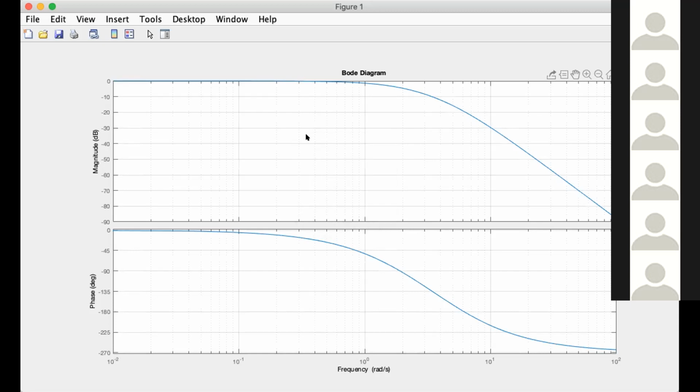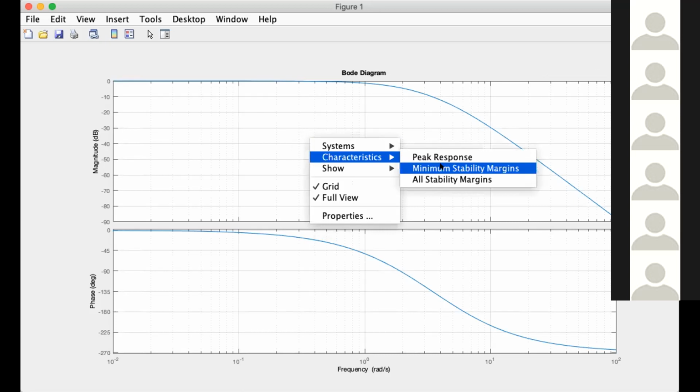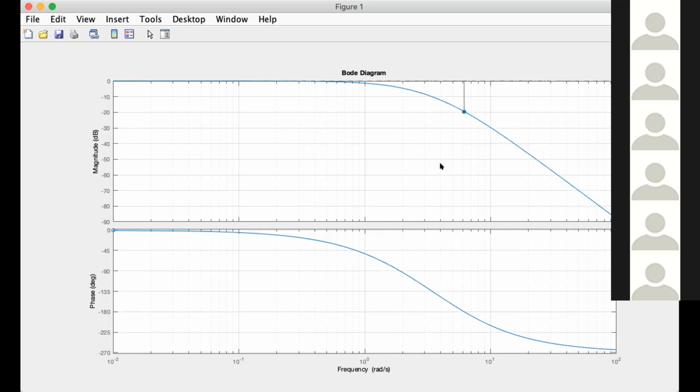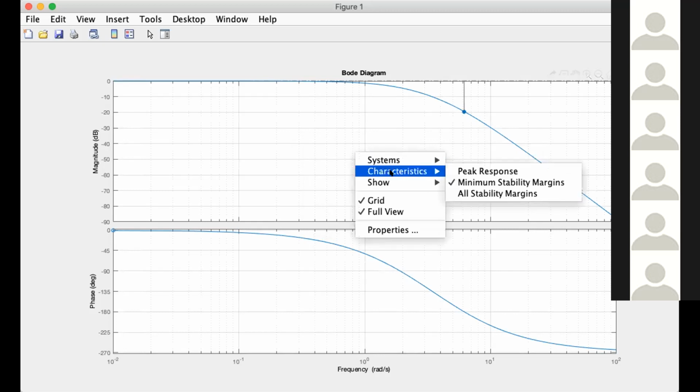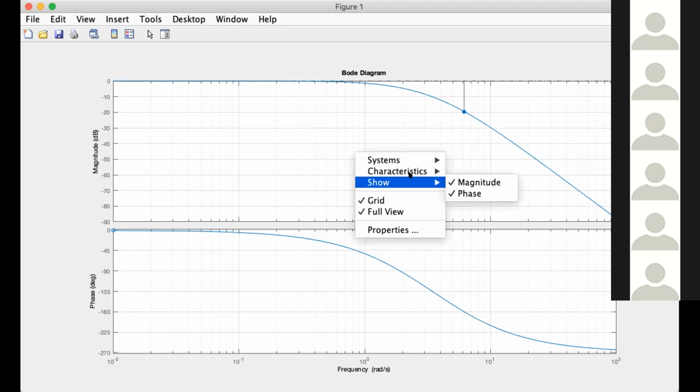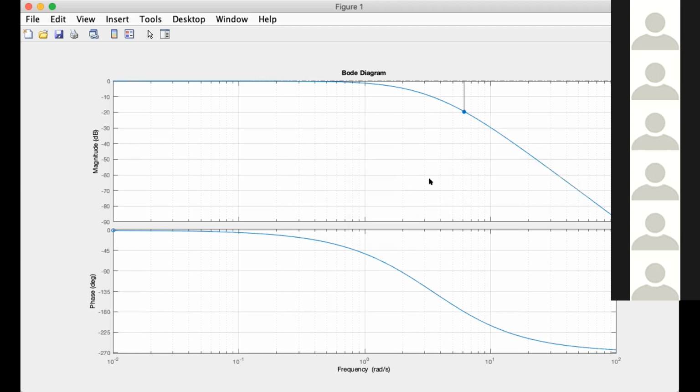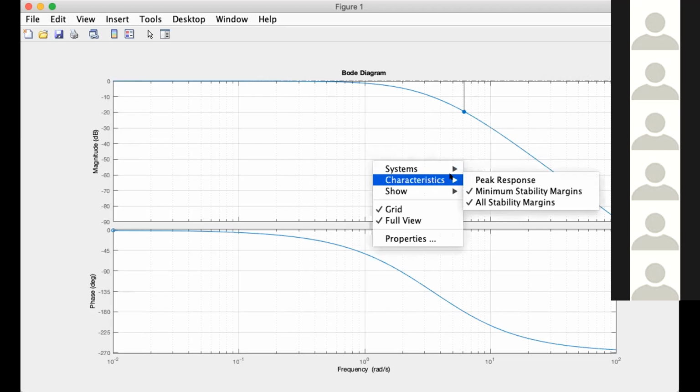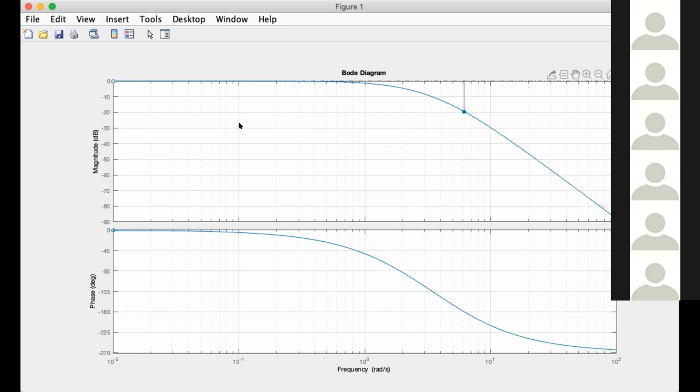So we right click with the mouse and choose minimum stability margins. Okay. So this is the maximum amplitude, which is 0 decibels. Maximum phase.